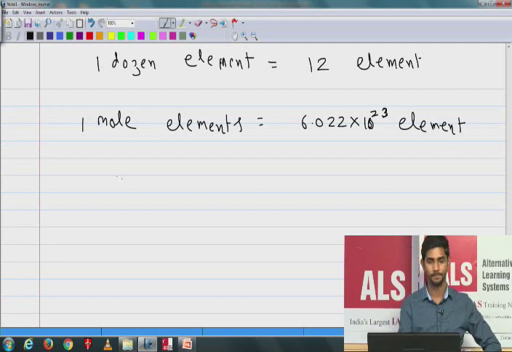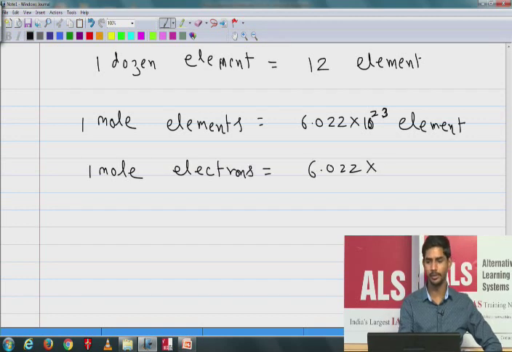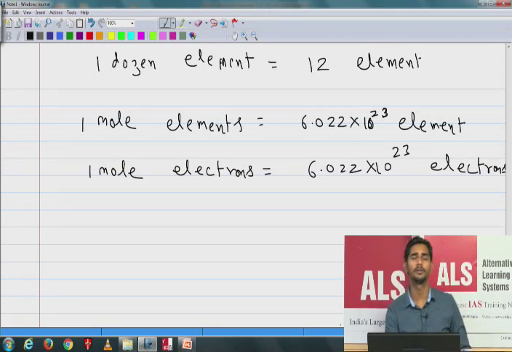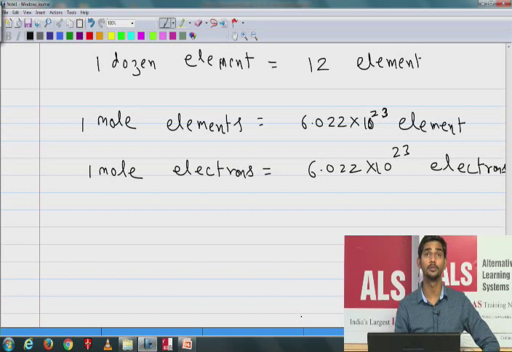If I say 1 mole electrons, can I say it is 6.022 into 10 to the power 23 electrons? That's it. That's what the flow chart was saying over there. Okay, let me draw the flow chart for you.